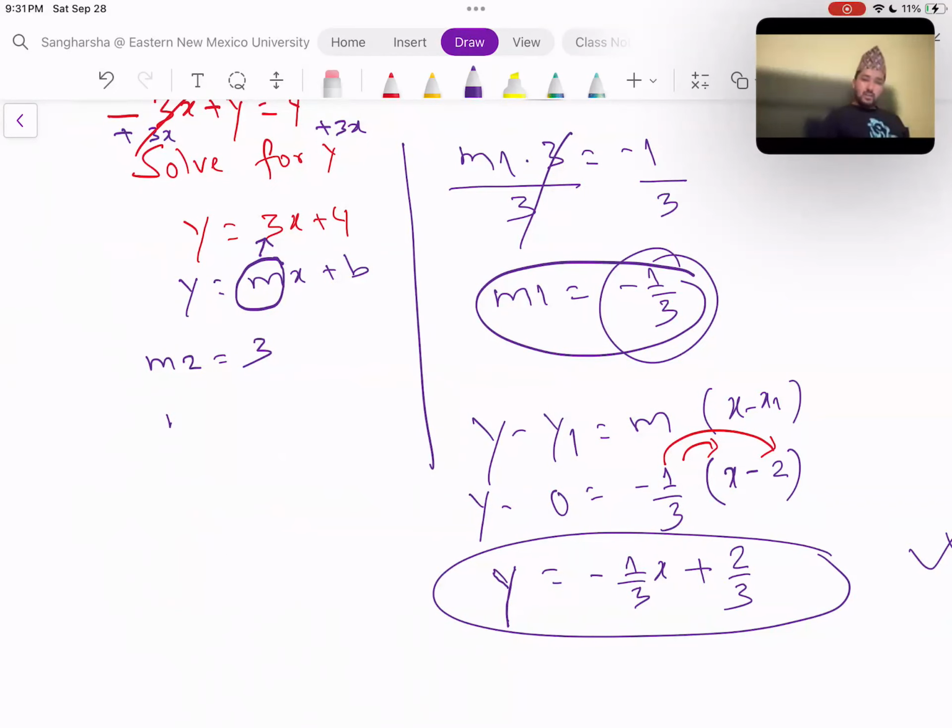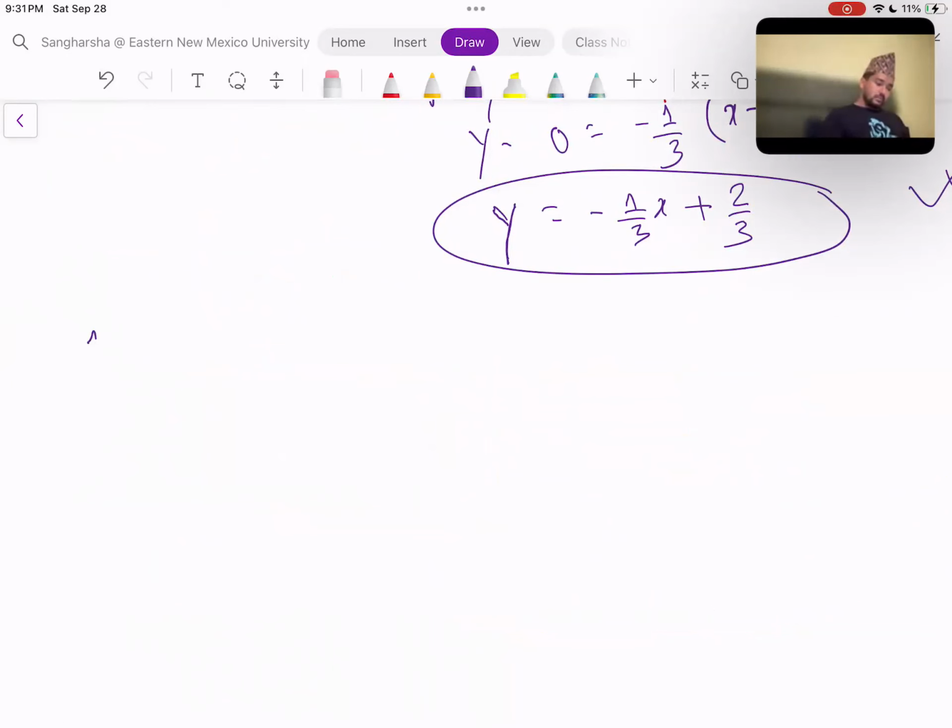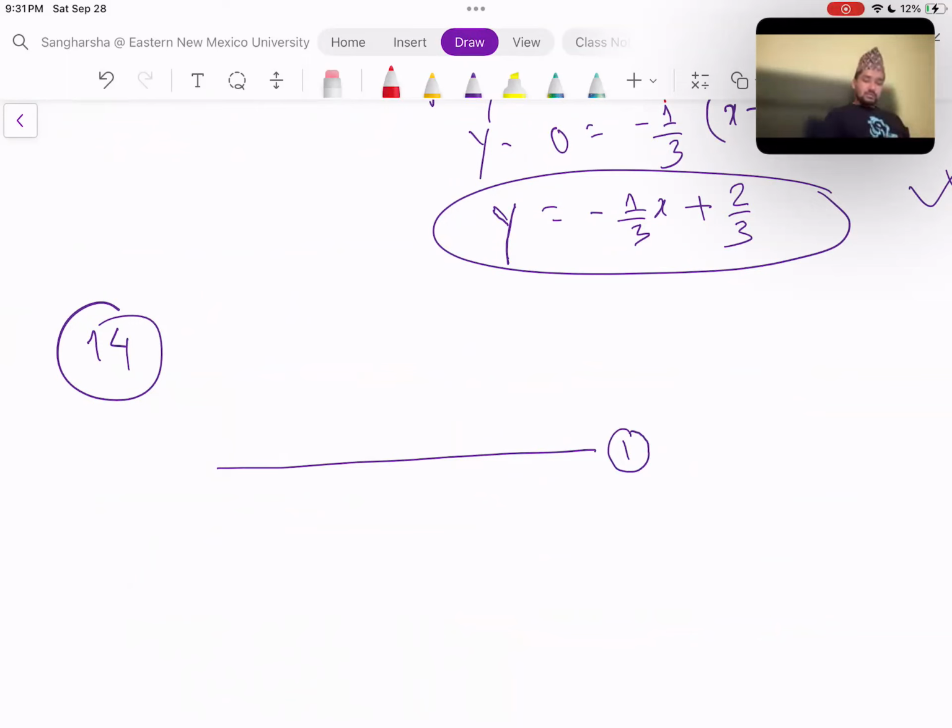So the next problem, this was 12, now number 14. In number 14, we need to find the equation of a line. Let's call this line 1. We need to find the equation of line 1, and this line is parallel to another line.